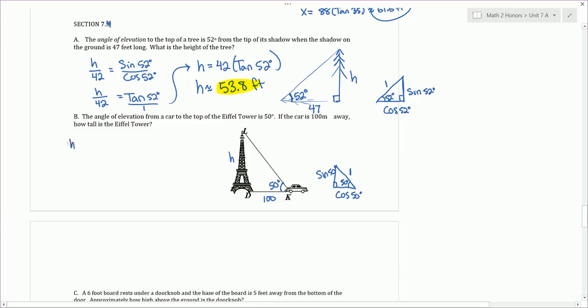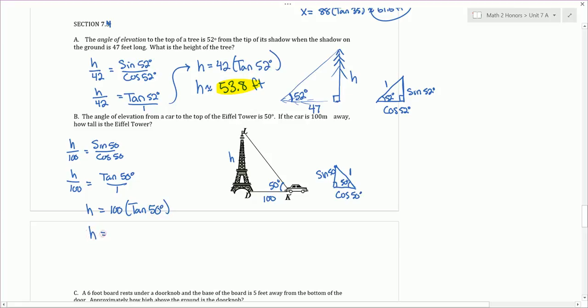Here we have h over 100 is equal to sine of 50 over cosine of 50, which is the tangent of 50 degrees like we saw in part A here. So height over 100 is the tangent of 50 degrees over 1. If you cross multiply, you end up with h times 1 equals 100 times the tangent of 50.